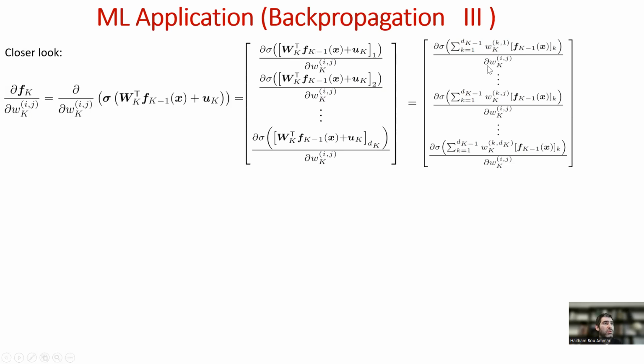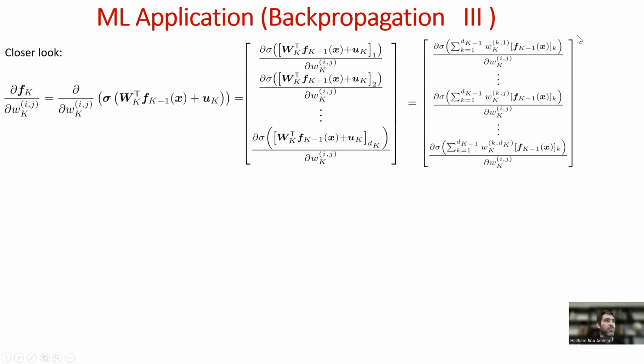The reason we do that is that we eventually need to compute the partial derivative with respect to an entry of the matrix, and that's why we have to break it down in this form. Just keep in mind that for this derivation we missed the bias u_k. It should be present, regardless of the fact that we don't take the derivative with respect to it now, because it will play a role when we compute the derivative of this activation function.